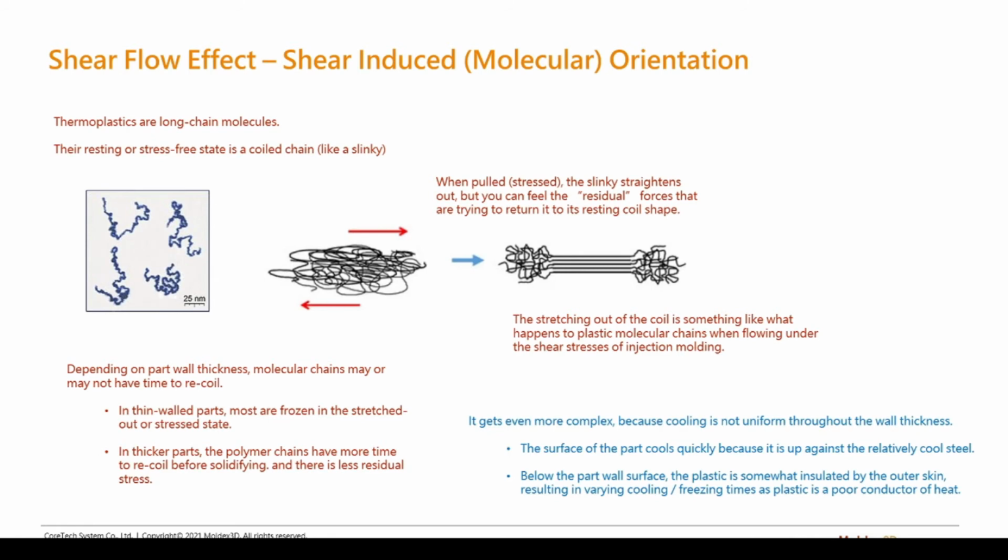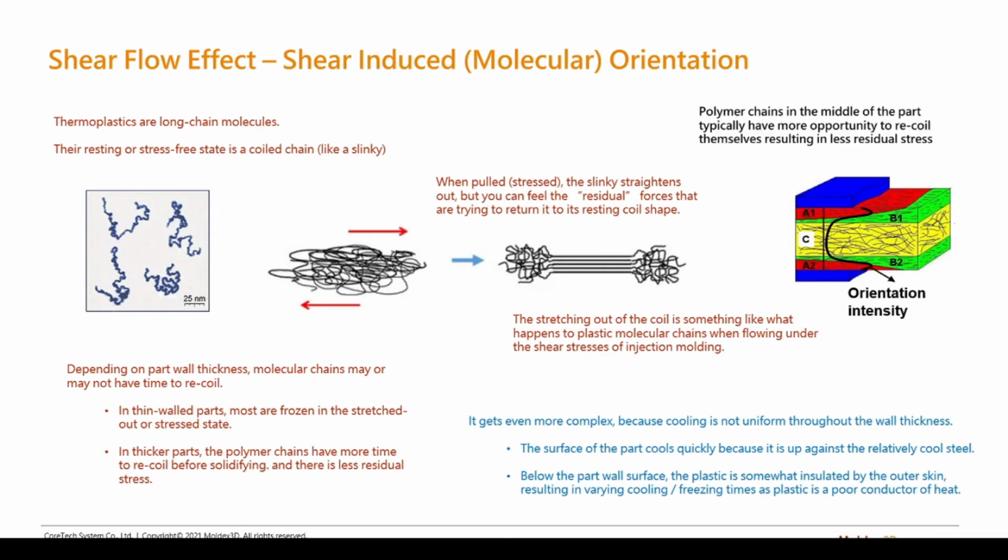If the cooling is not uniform throughout the wall thickness of the part, then you actually get another induced stress on top of this flow-based stress, which is called thermally induced residual stress. Both of these effects will compound with one another, impacting the warpage, the mechanical properties, and in some cases even the surface quality.